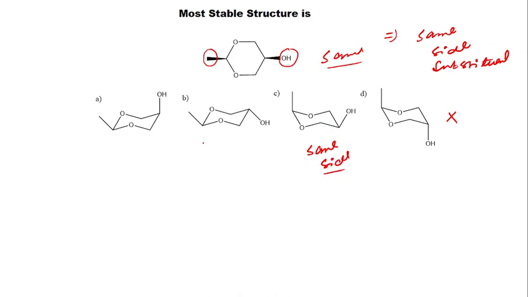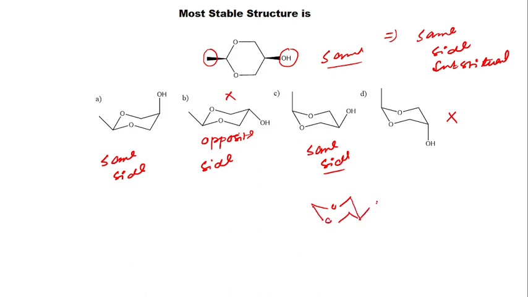Again, we find that these are on opposite sides, so these are not. Again, we find this is on the same side. As this is on the same side, we now have to compare between C and E. In option C, we draw the structure.